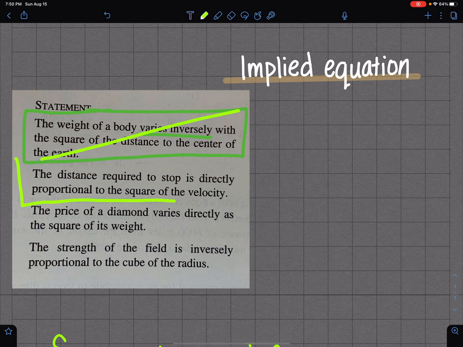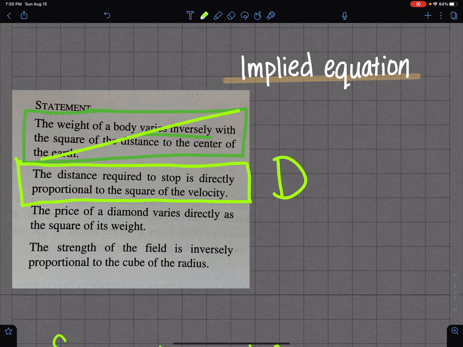The next problem is this. The distance required to stop is directly proportional to, so I'm reading those words, directly proportional. So I'm going to say distance required to stop is directly proportional to, so I'm going to put an equal sign, and then I'm not going to put any sort of fraction because it's directly proportional to the square of the velocity.